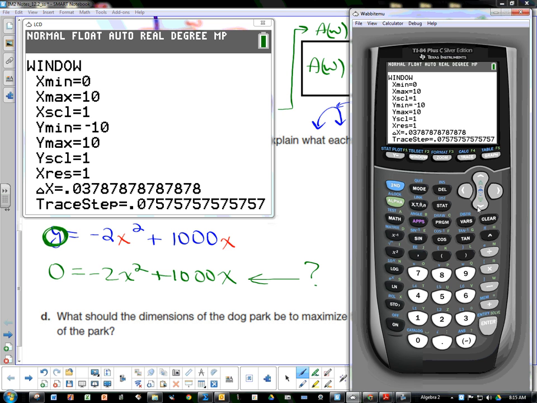This would be the maximum width of this new portion of the dog park. Ideas. Preston. 500. You want to go 500? Okay. Is it okay that I go 800? Sure. I have a reason for that. I want to have a larger window to look at this quadratic.